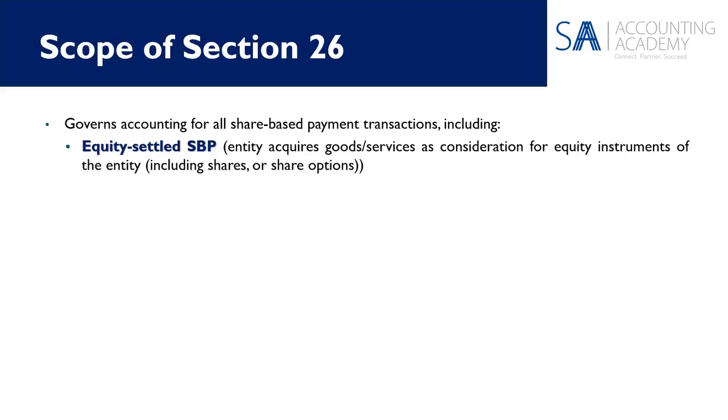While we're busy with that, make a note that the acquisition of goods or services must always be one of the characteristics that we test for in order to identify a share-based payment transaction. So the entity acquires goods or services as consideration for equity instruments that the entity issues, including its own shares, share options, share appreciation rights.